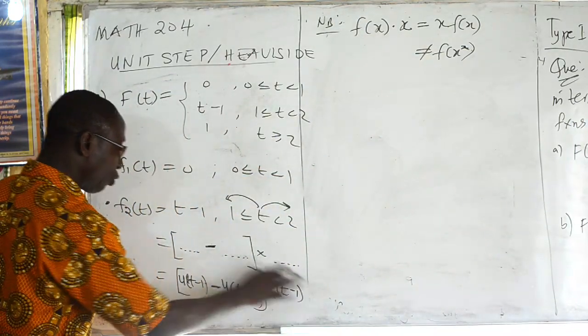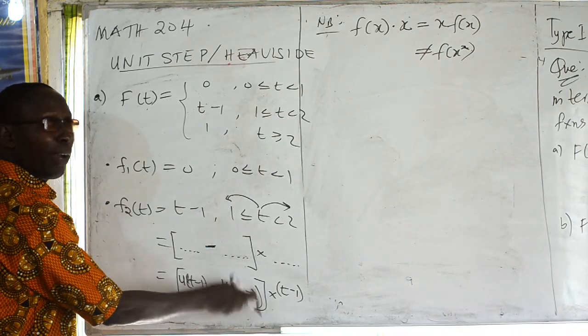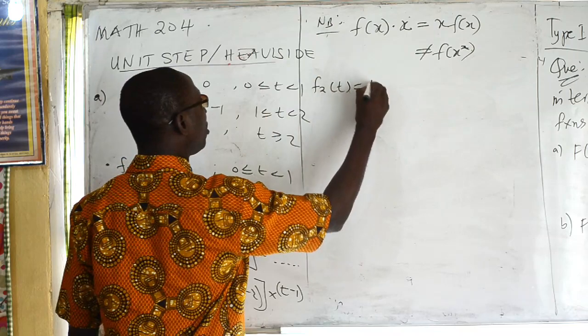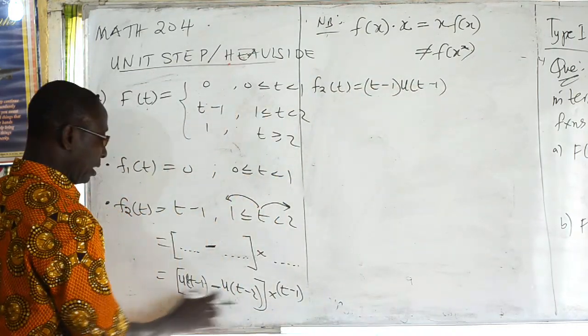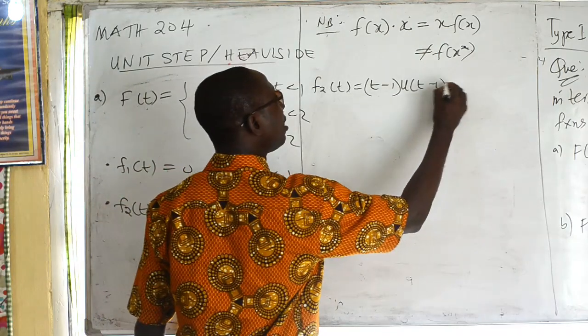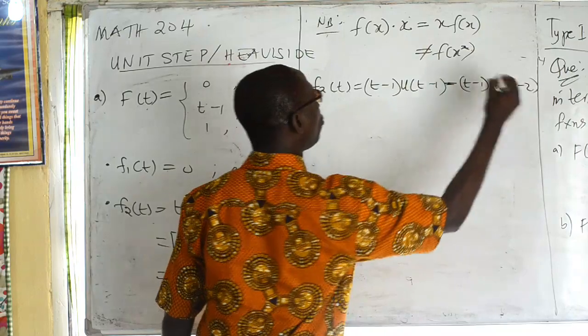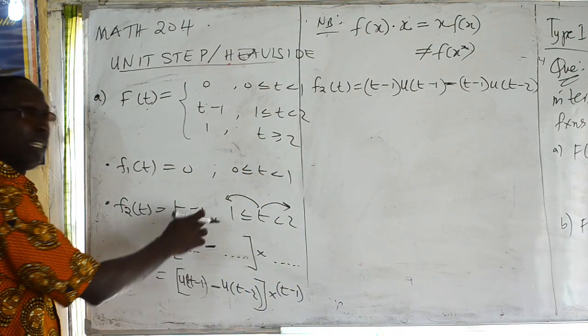So it means that when I'm using this to multiply this, this cannot go and multiply this to get a square, but rather to come back. So that will give me f of 2t is equal to t minus 1 u(t minus 1) for this. Then this and that gives me t minus 1 u(t minus 2). So that's the unit step form of this function.